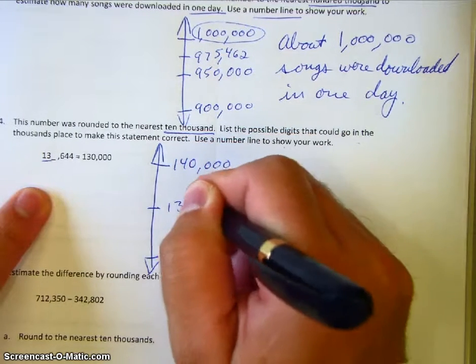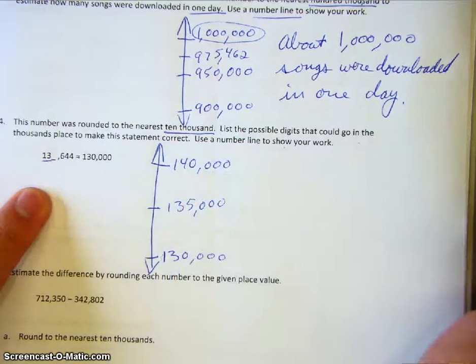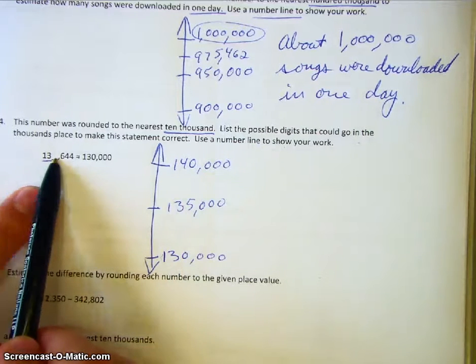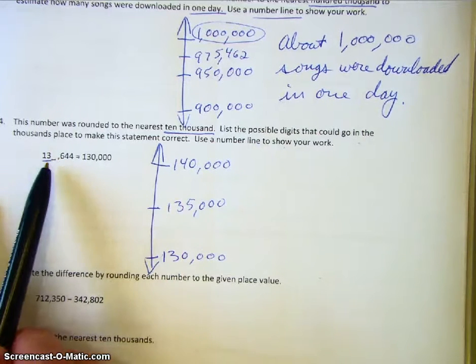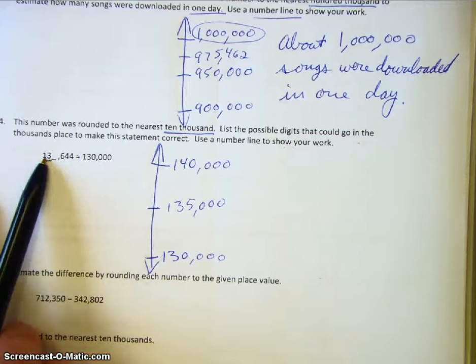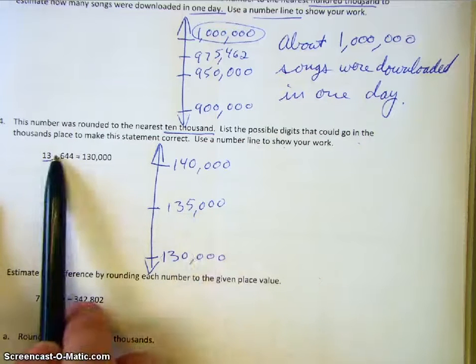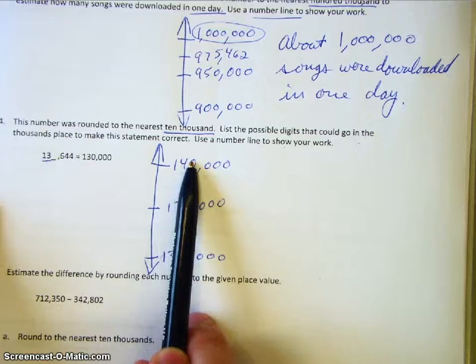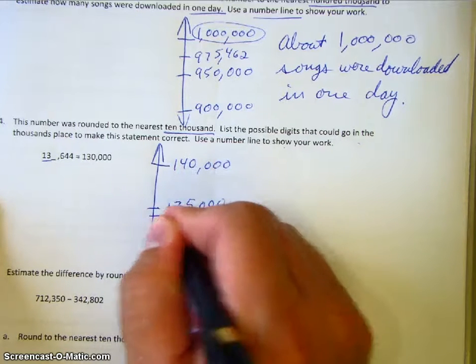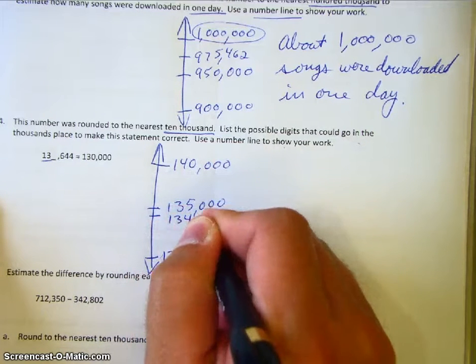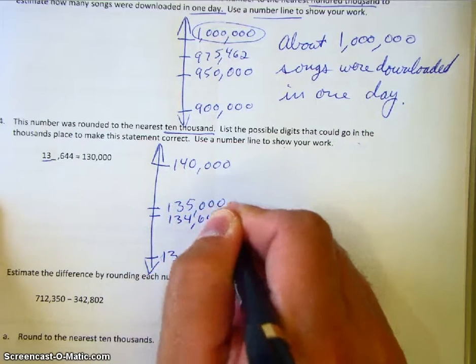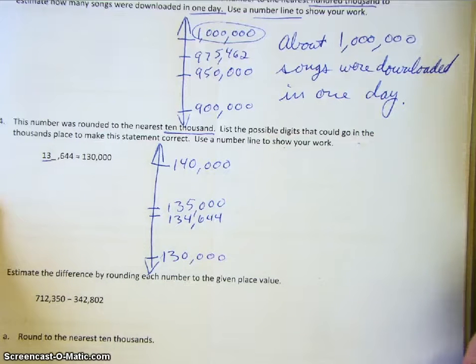So 135,000 would be in the middle. Okay, so now we need to figure out a number in the thousands place that would round down to 130,000. Well, we know that if we put a 5 in that thousands place, we're going to be going up. So we need numbers that are less than 5 in that thousands place.